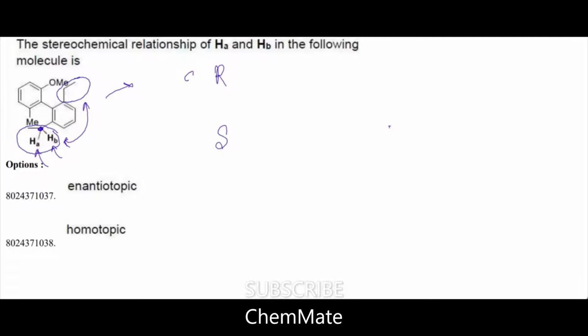Let's say it is R, and for this stereogenic center it may have configuration R or it may have configuration S. That means two isomers will result if we substitute HA or HB with an atom: RR and RS.